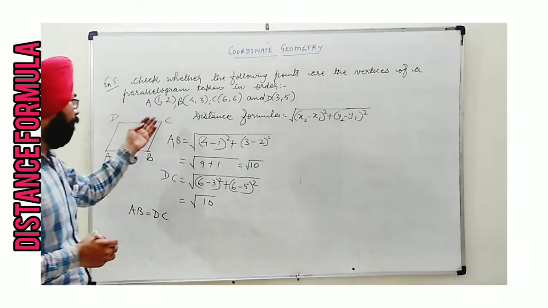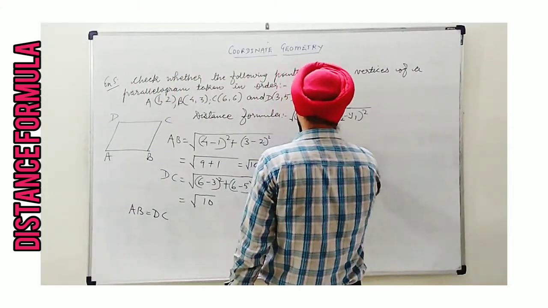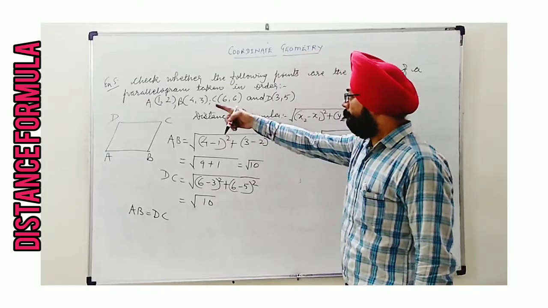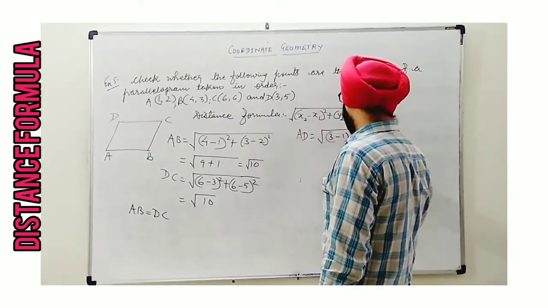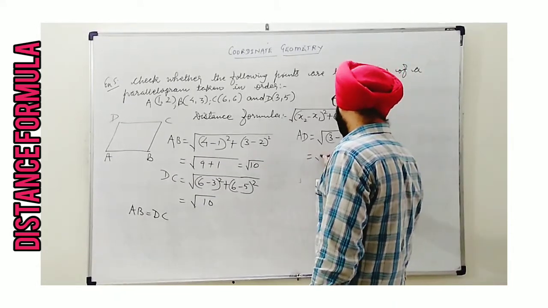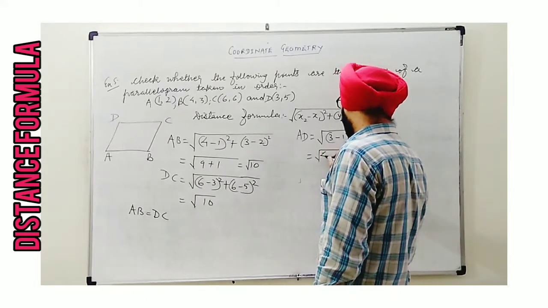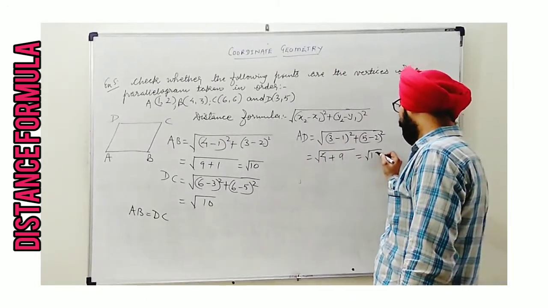Next, we have to think of AD and BC. If I take AD, distance between A and D, (3 minus 1) whole square plus (5 minus 2) whole square. I find it comes 2 square, 4, and 3 square, 9, it's root 13.